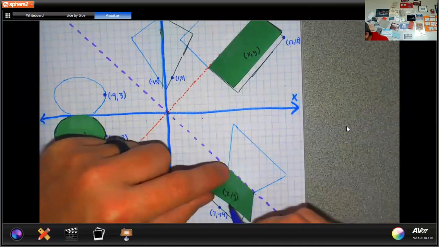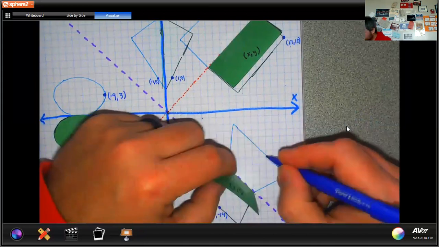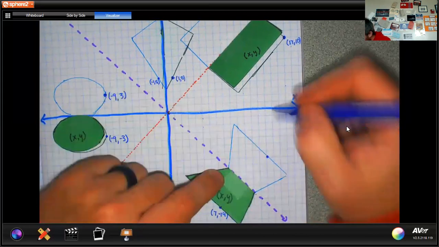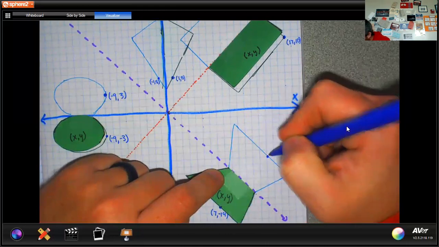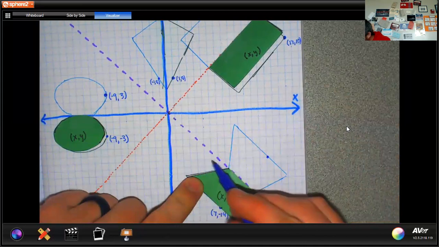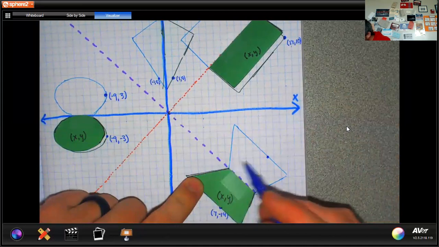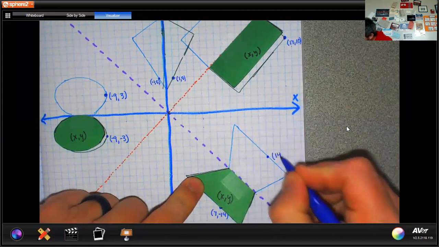So we just kind of make a little mark here, and it looks like it's right here. So we're at 14, -7.